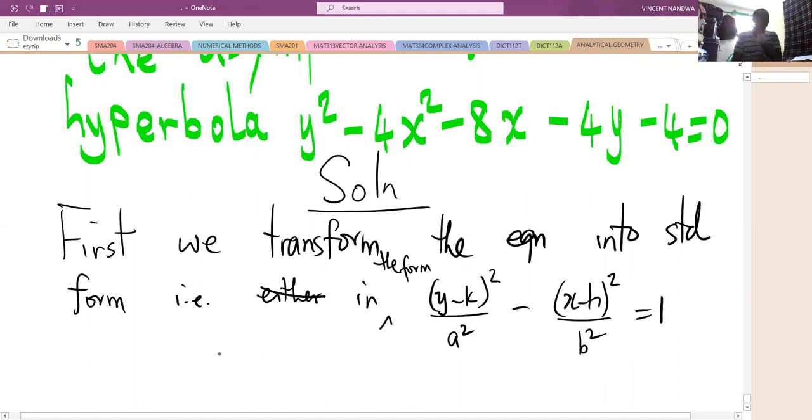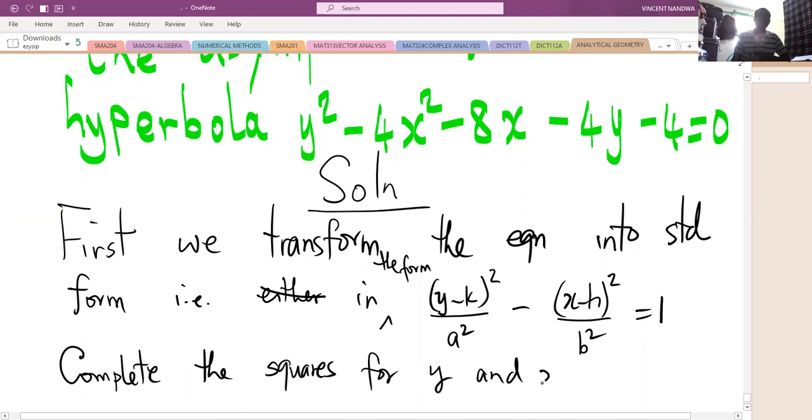So we bring y terms and x terms together and then take the constant to the right hand side. So we use completing the squares for both y and x.